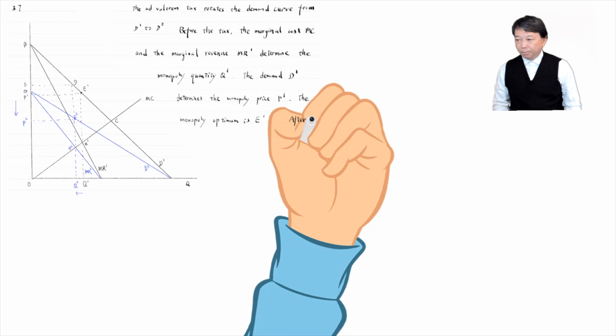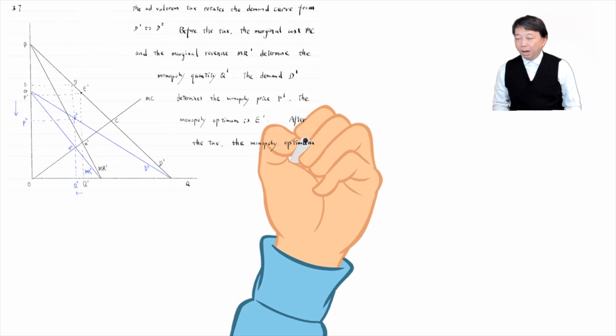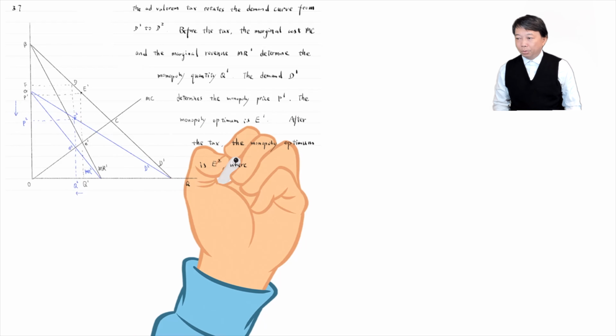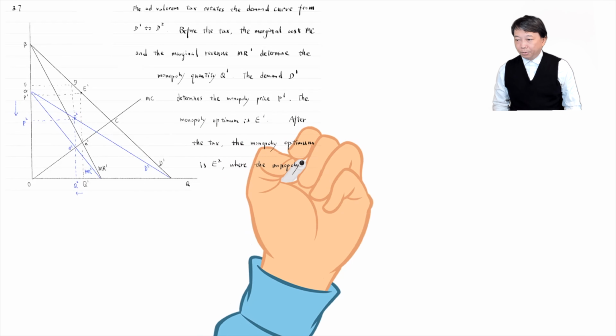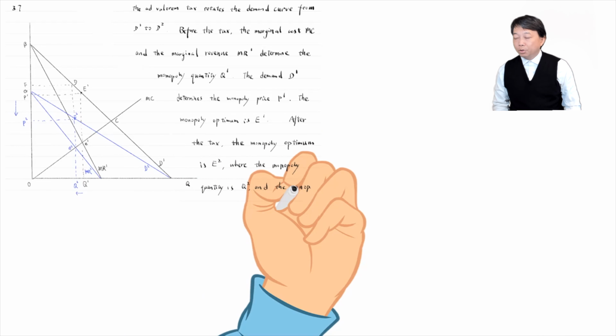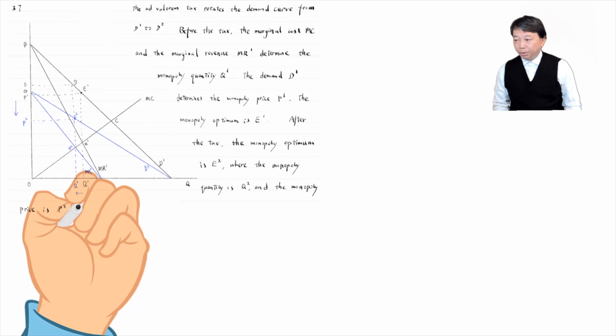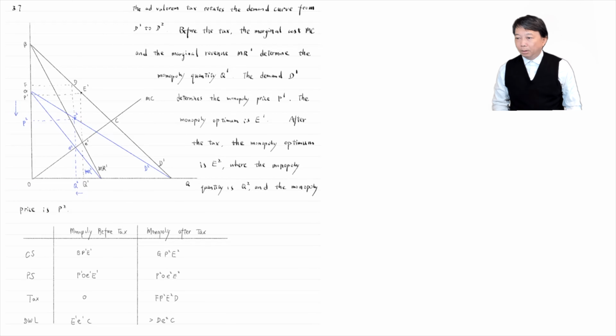After the tax, the monopoly optimum is E2, where the monopoly quantity is Q2 and the monopoly price is P2. I summarize the consumer surplus, the producer surplus, and the tax revenue in the table. The before-tax consumer surplus is the triangle BP1E1.